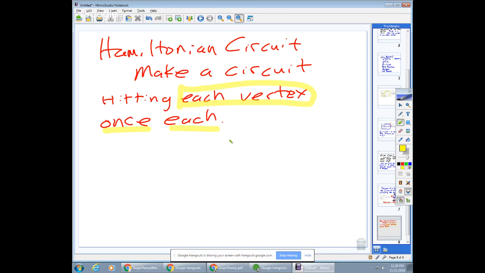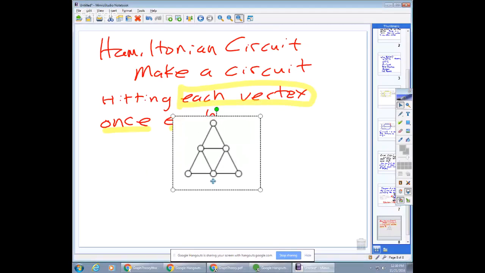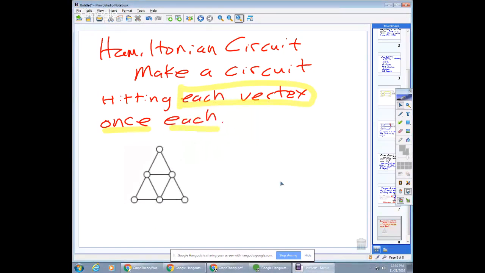So let's take a look at this one, copy it. Do you think it's possible to make a Hamiltonian circuit? Let's say starting here. A lot of times I'm going to make notes on graphs, especially when they're more complicated, about where I start.